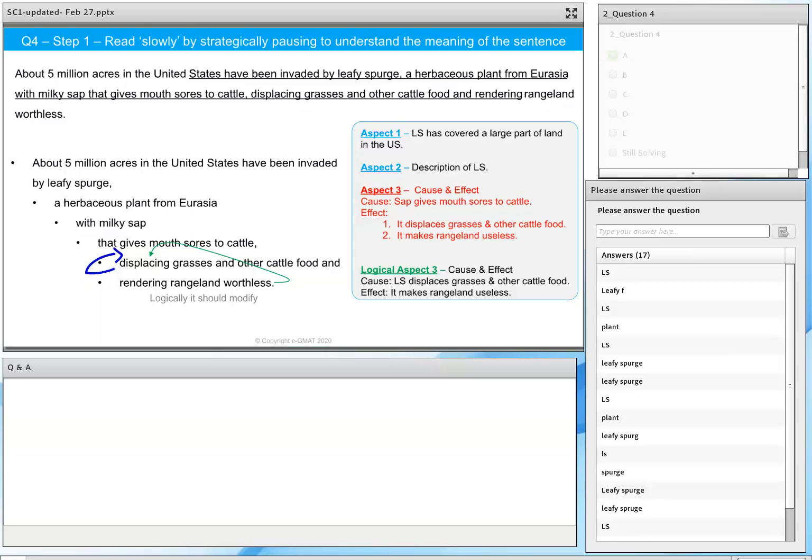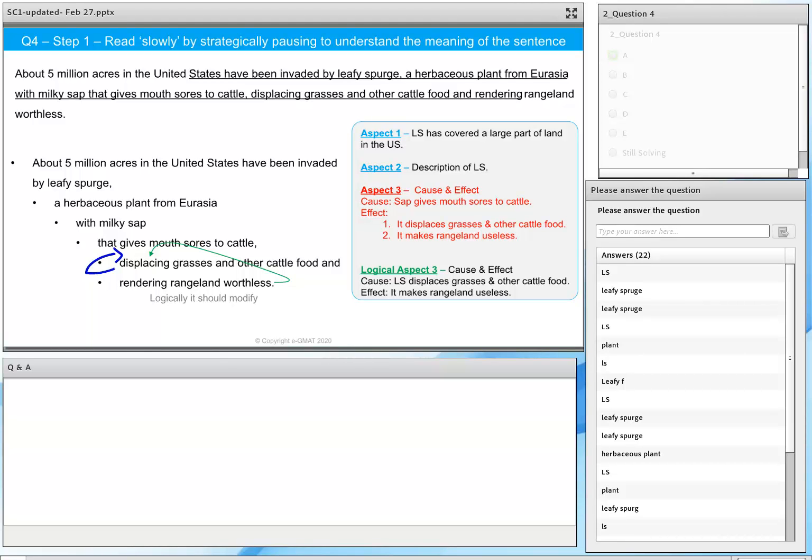Even "plant" is correct, because leafy spurge is the only plant that we are talking about in this sentence. So see, you don't know what leafy spurge is, or the nuanced knowledge of it, but only by using your logic that, okay, if it is talking about displacing grasses and other cattle food, it can only be leafy spurge. And that's the engagement that we want, the logical engagement with the sentence.